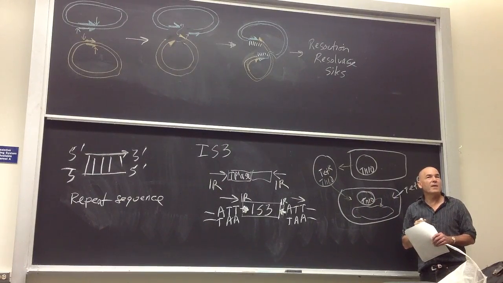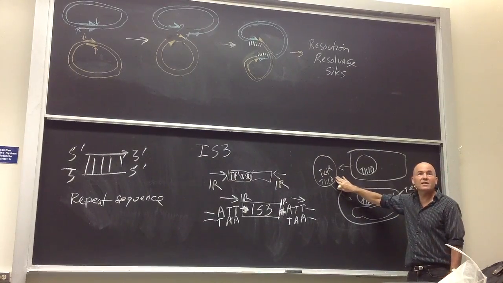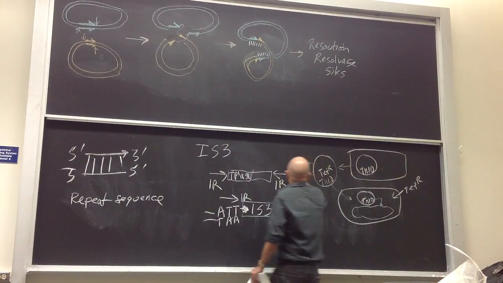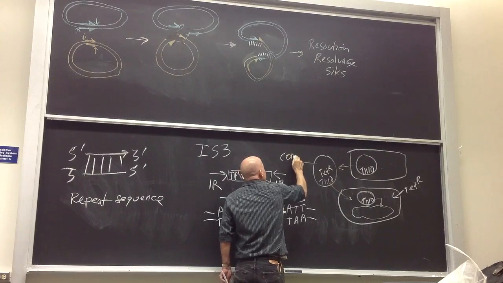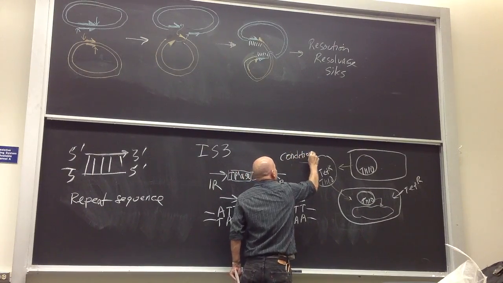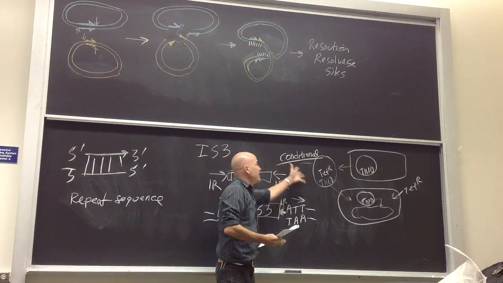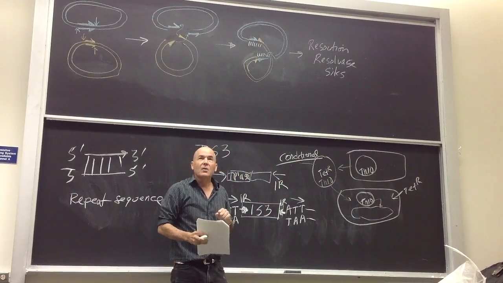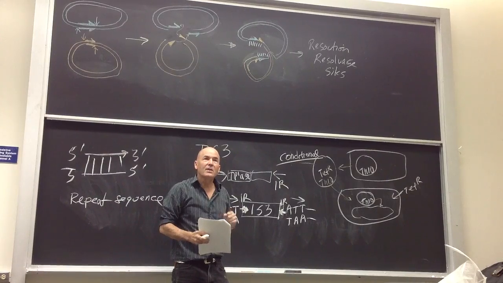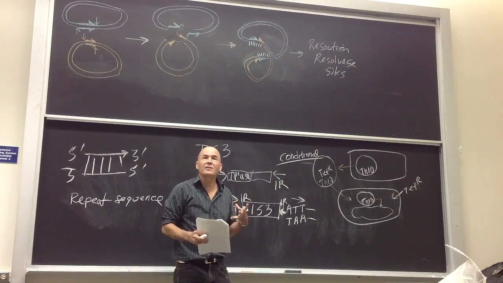How do I select for hops in the chromosome? I want to have the replication of this plasmid conditional. What I mean by that is that in one condition, it will replicate, in another, it won't. So we have plasmids that only replicate if there are certain genes that code for proteins that allow it to replicate.